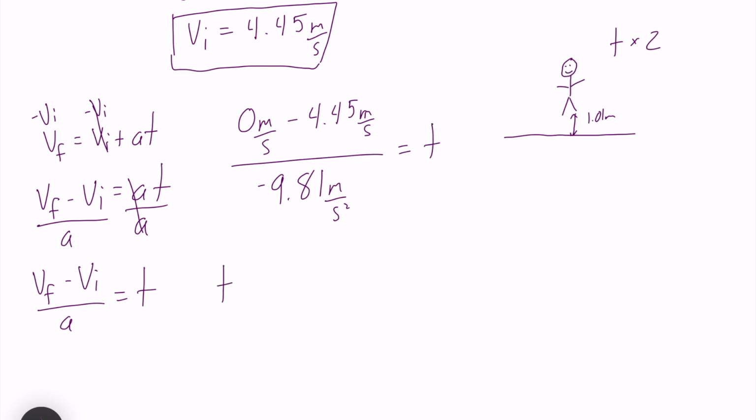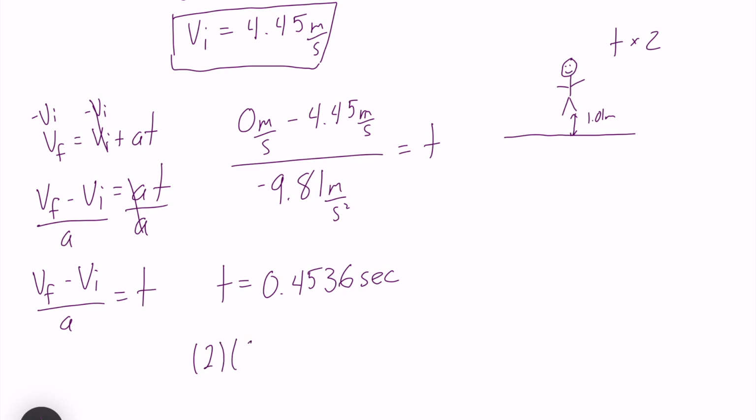So if you do plug this into your calculator here, what you should find is that the time it takes this person to reach the peak of their jump, it should be 0.4536 seconds. And we're just going to take that and multiply it by 2. That's all we're going to do.